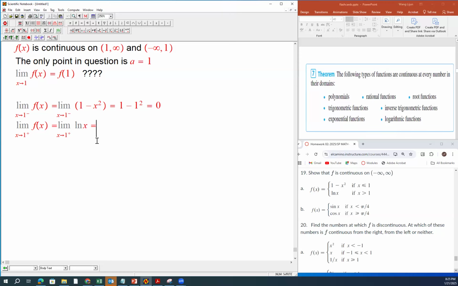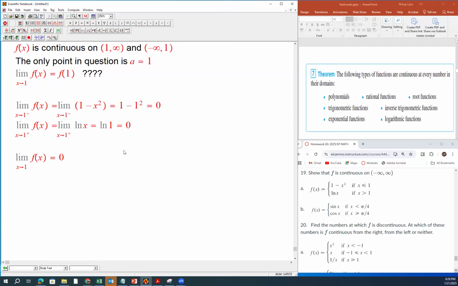The domain of ln x is x greater than 0, and 1 is in its domain, so we just substitute directly. That equals 0. So the left limit equals 0 and the right limit equals 0. Then we can say the limit of the function at 1 is equal to 0.